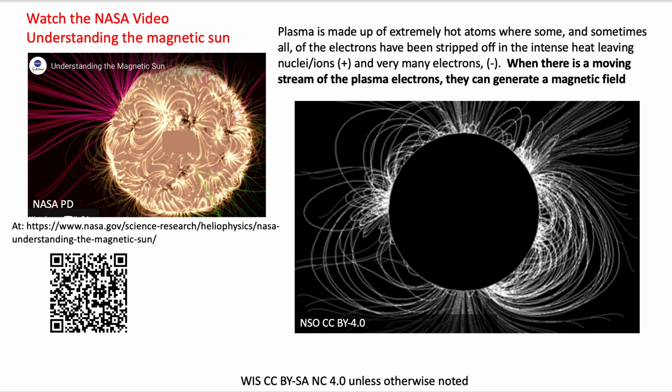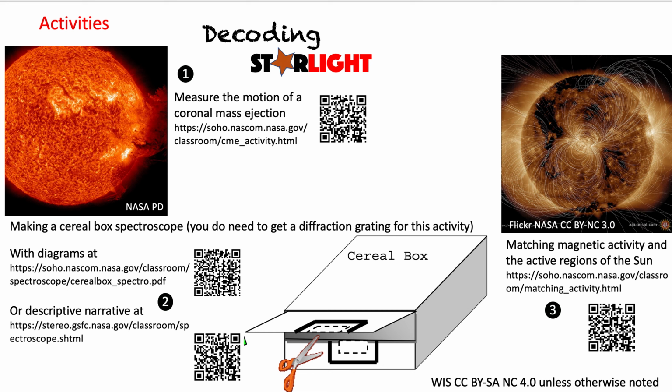And anywhere from the center of the sun going to the outside, you've got a moving stream of electrons in the plasma. That's what generates a magnetic field, in the same way as an electric current also has a magnetic field around it too.